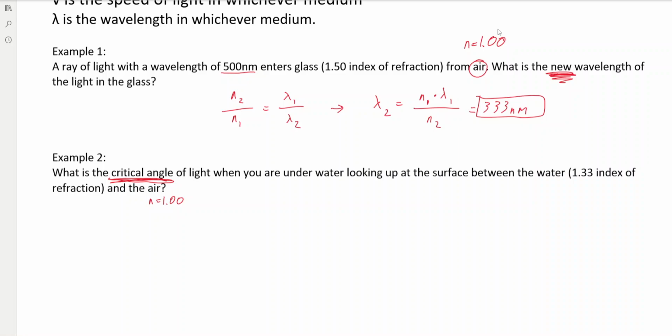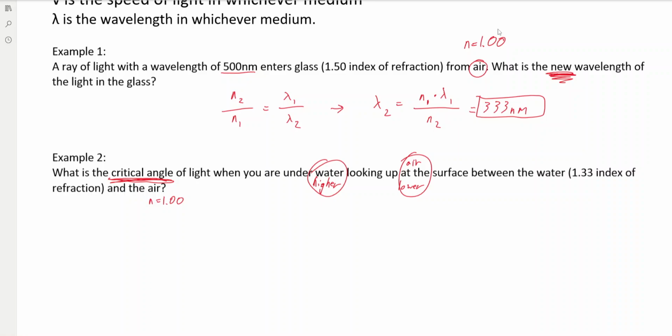We always have to go from a higher index to a lower index. It always has to be water to air. Okay, higher to lower, in order to have internal reflection occurring.